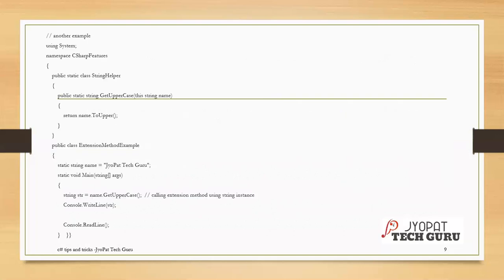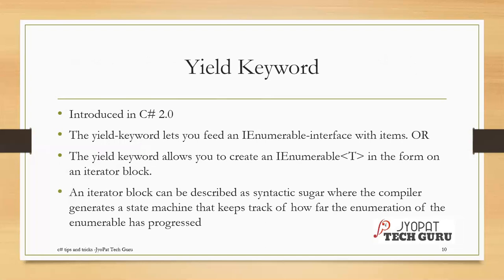So this is all about your extension method. The second thing I want to discuss is the yield keyword. This was introduced in C# 2.0. The yield keyword lets you feed an enumerable interface with items.